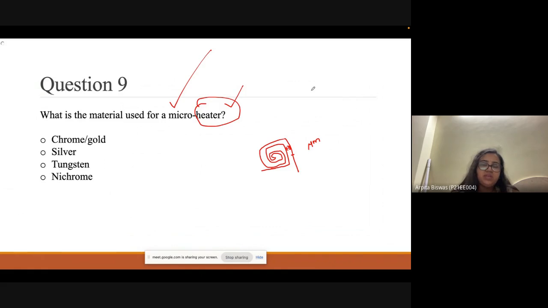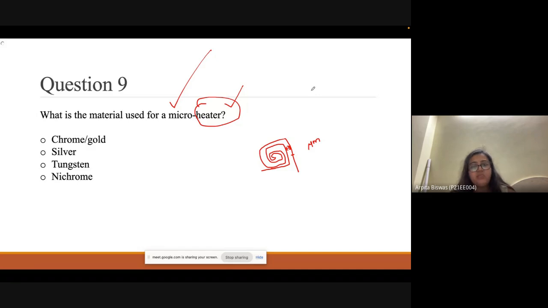To increase the adhesion of this gold, we use a thin layer of chromium, up to 25 nanometer, and we can deposit the gold at 180 to 200 or 250 nanometer, right? So here we are discussing the micro heater. Micro means it will vary in the micrometer range, and it will act as a heater.